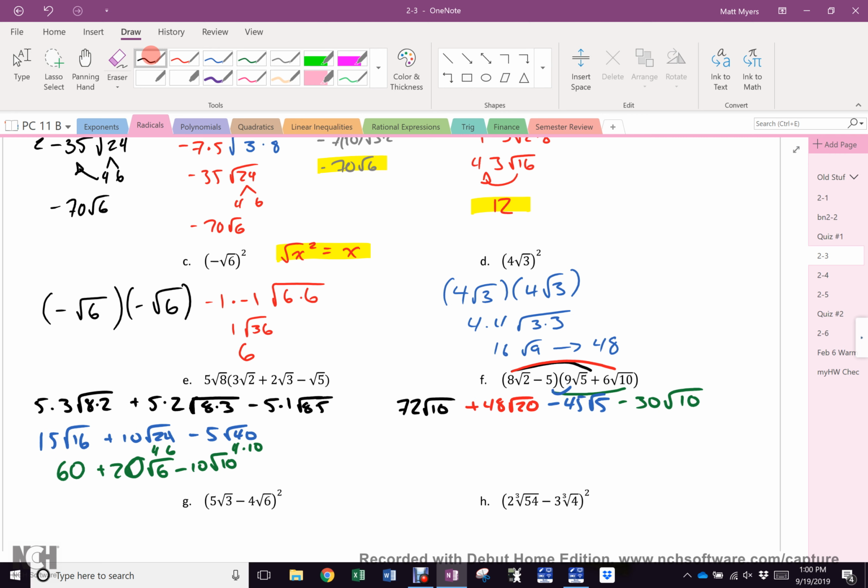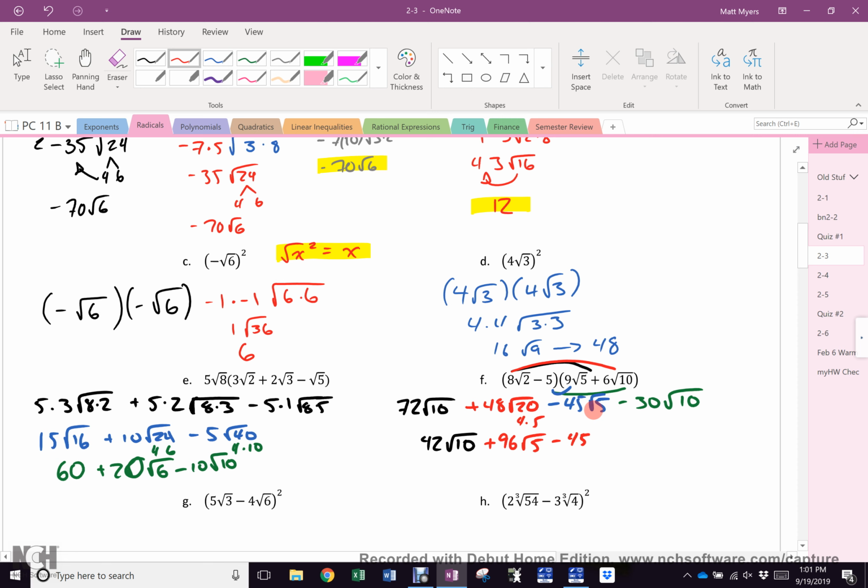Where can I simplify here? I can do 72 minus 30, can't I? To get 42 root 10. Yeah? What can I do with the red one? That's 4 and 5, yeah? So what's that? 96 root what? 5 minus 40.